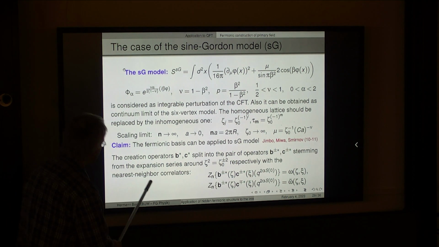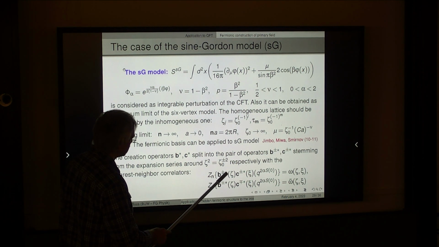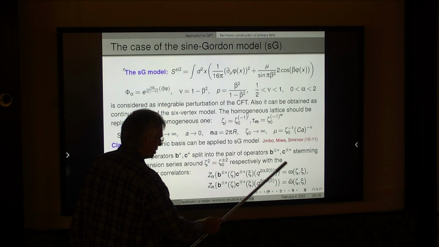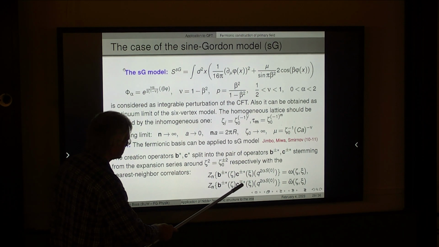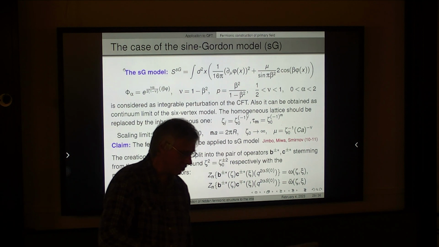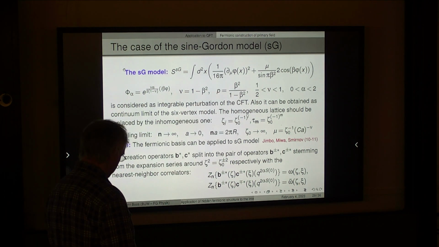And the nearest neighbor correlator for B plus minus star and C plus minus star gives omega. And if we take plus minus minus plus, then we get omega tilde with different expansion for the asymptotic.